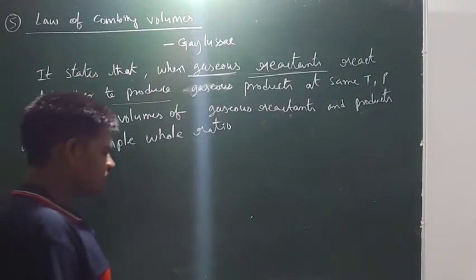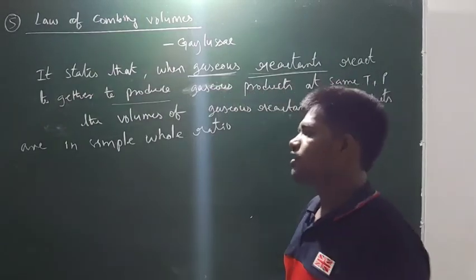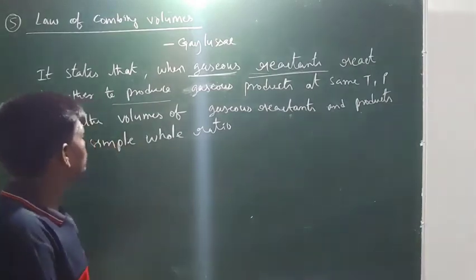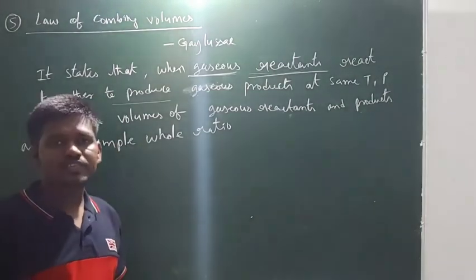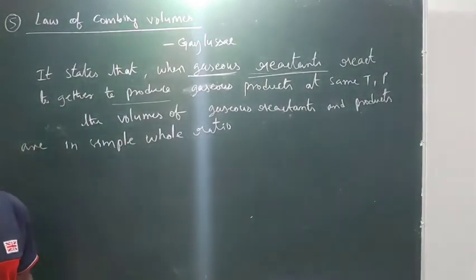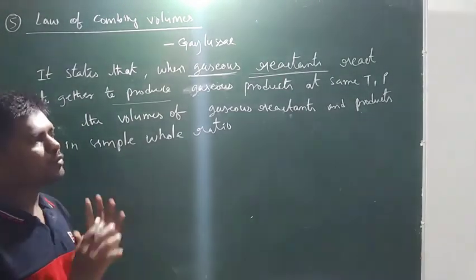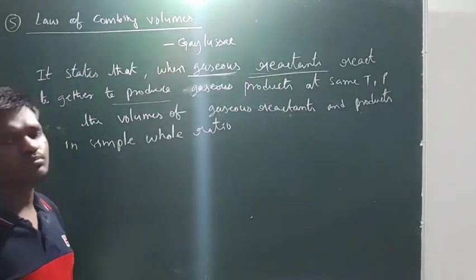This is very easy to understand, guys. When gaseous reactants combine to give gaseous products at a fixed temperature and pressure, the volumes of the reactants and products are present in a simple whole ratio.